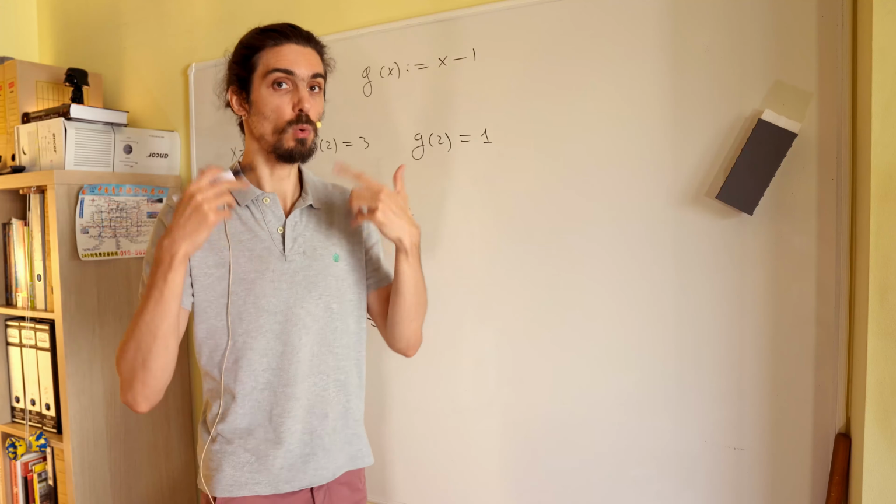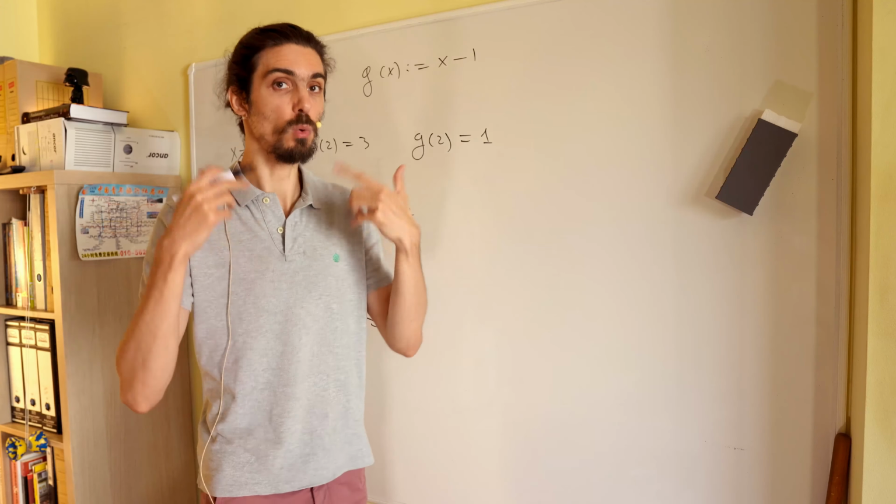This thing here is a new number, okay? It is a symbol for a number that lives in the range of the function. But what is this number? Well, you need to define it, so let's do it. This thing here is an abbreviation for the number that you get by summing f of x plus g of x.